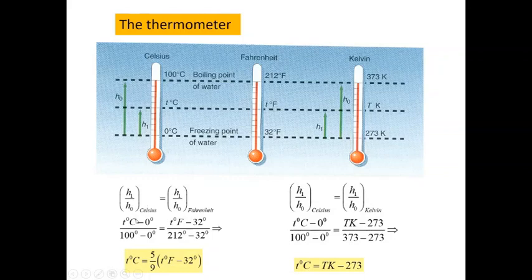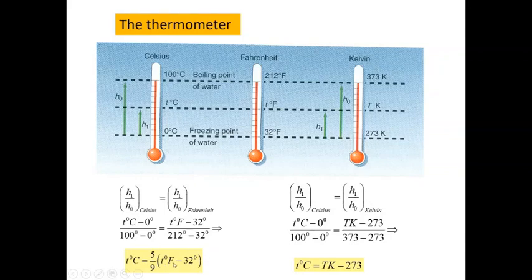By putting H1 as T minus 0, because H1 is between T and 0, and H0 is between 100 and 0 in degrees Celsius, and in Fahrenheit it's T minus 32, because it's 32 in Fahrenheit, and H0 is 212 minus 32. From this equation we can find T, and by simple algebra you can find that T is 5 over 9 (T in Fahrenheit minus 32) degrees Celsius.